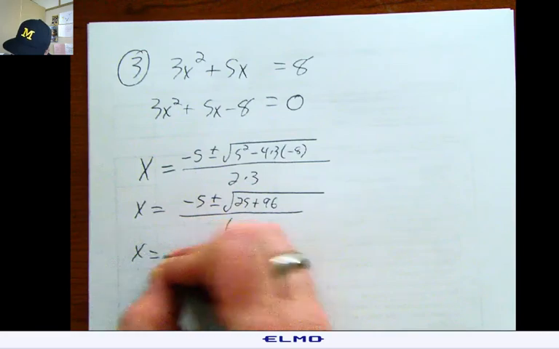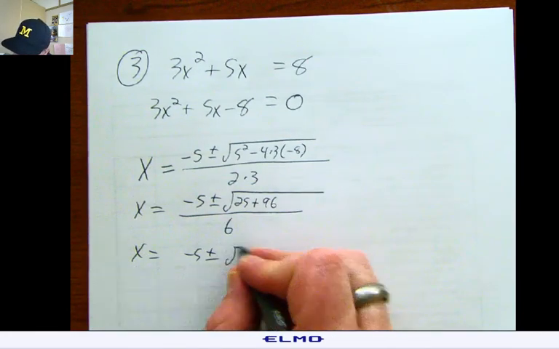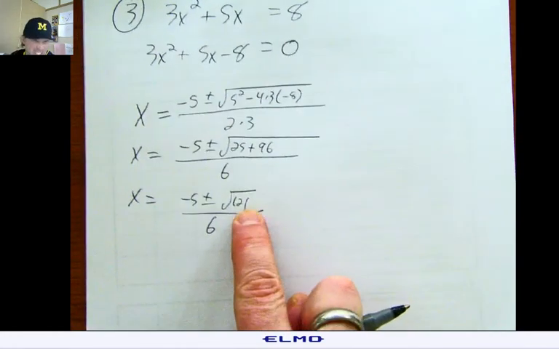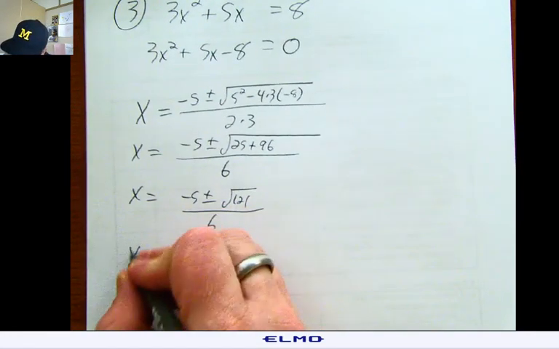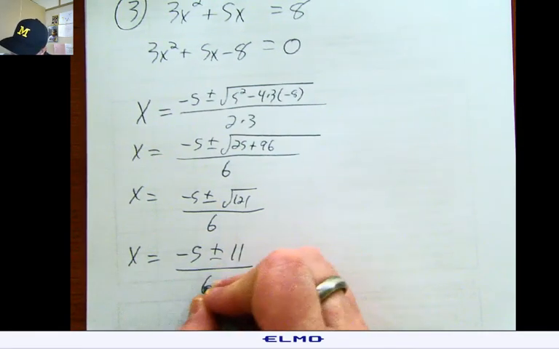And then this becomes -5 plus or minus the square root of 121. And you always get happy at this moment because you're like, nice, I know the square root of 121. It's 11. So -5 plus or minus 11 all over 6.